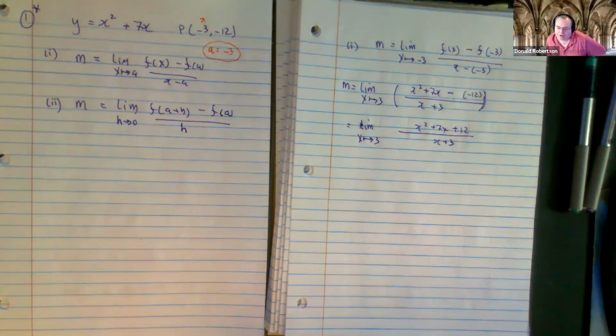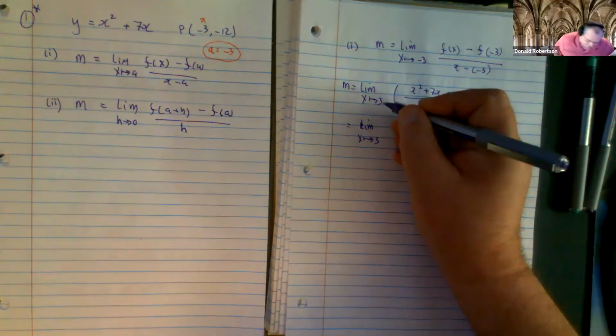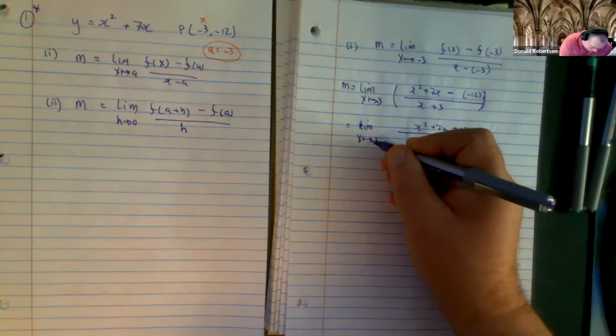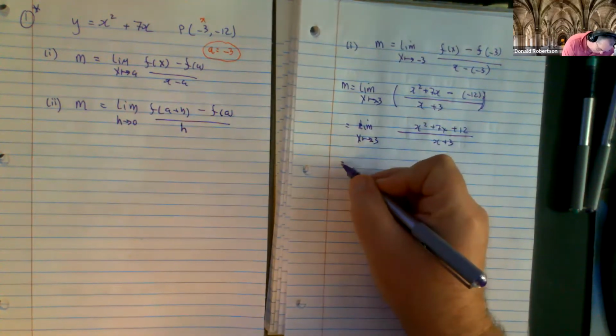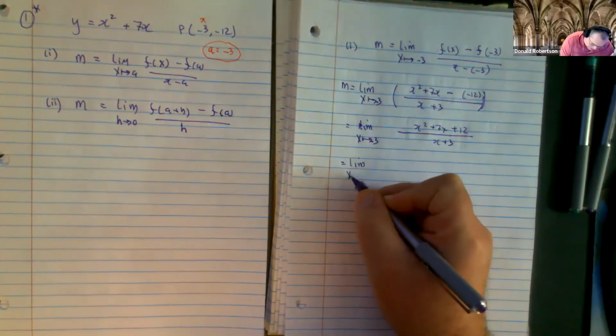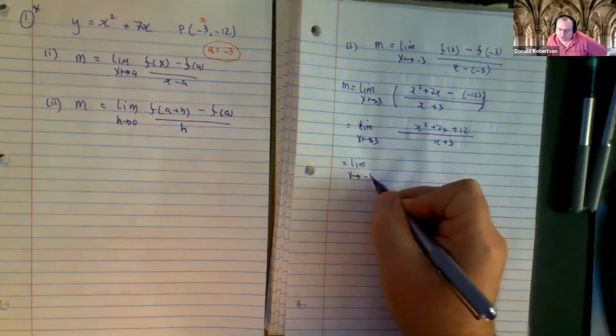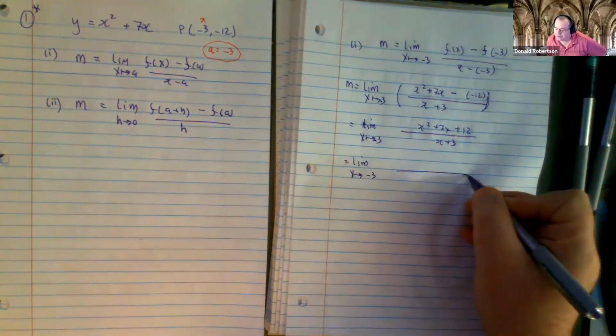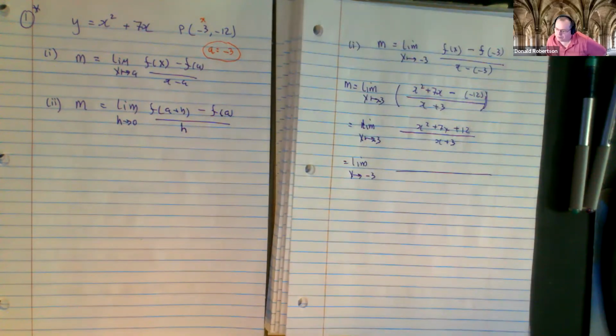Okay, we need to find the limit of this fraction as x tends to -3. Do you recognize a question where the factor and cancel method would be the most obvious direction to go? So factor and cancel.